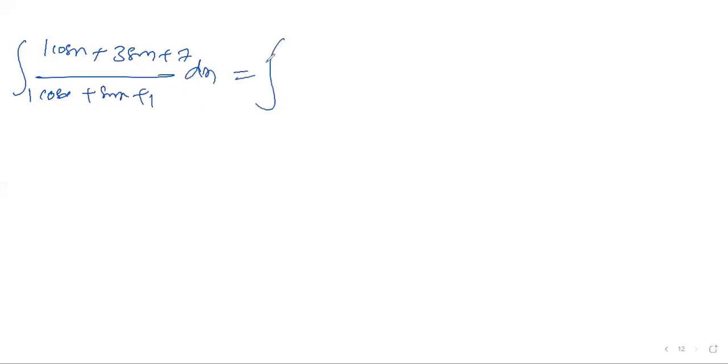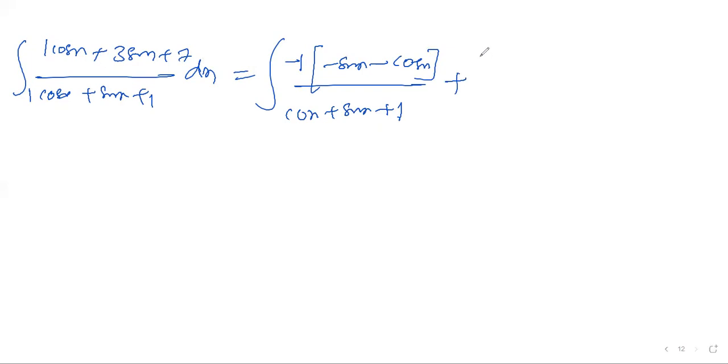What's the value of a? Minus 1. Minus 1 into d by dx of the denominator, so cos x means minus sin x, and sin x means cos x, by the denominator cos x plus sin x plus 1, plus what's the value of b?